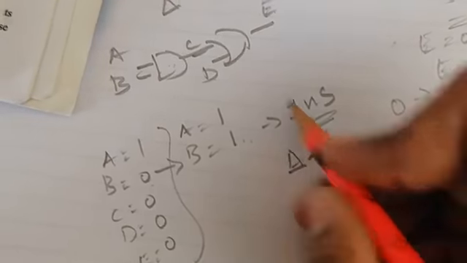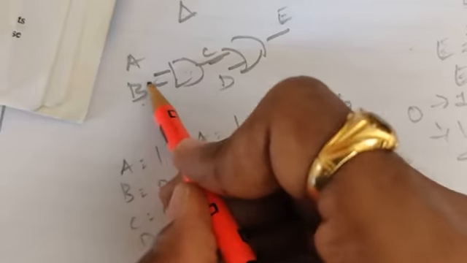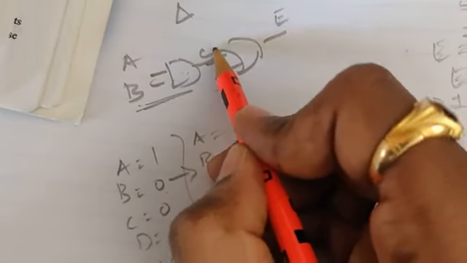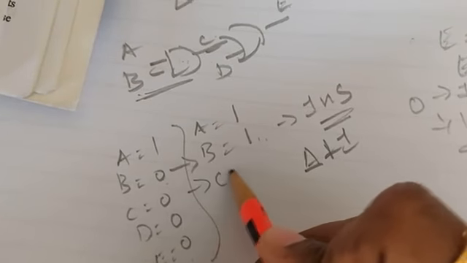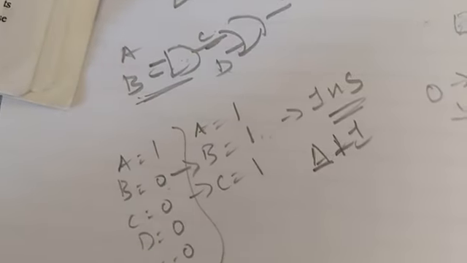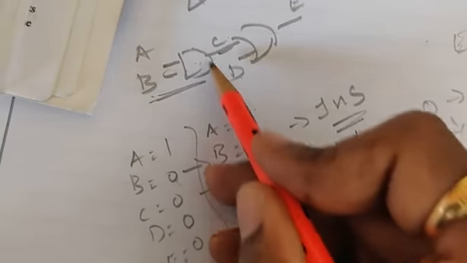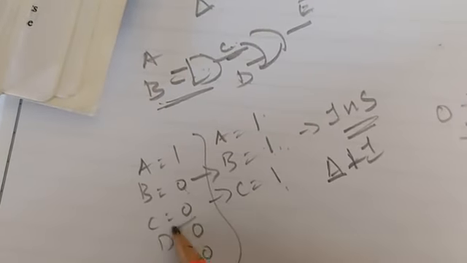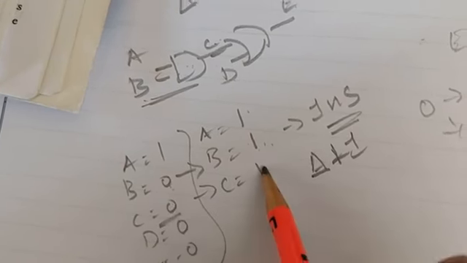Why delta plus 1? Delta is the delay here, plus B takes 1 nanosecond. So the total time for C to change from 0 to 1, because B changes from 0 to 1, and 1 and 1 gives output 1. Before, C was 0. So the time taken by C to change from 0 to 1 is delta plus 1.